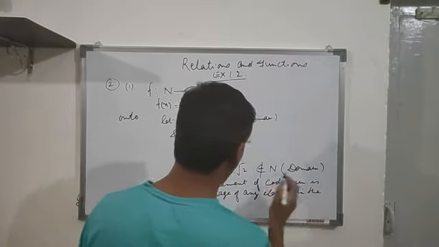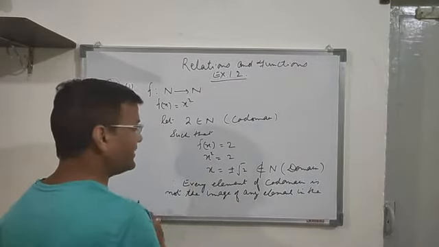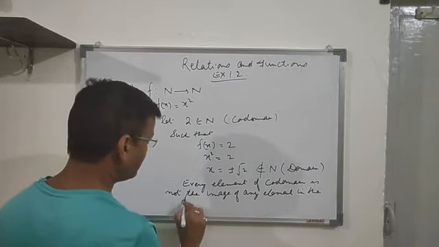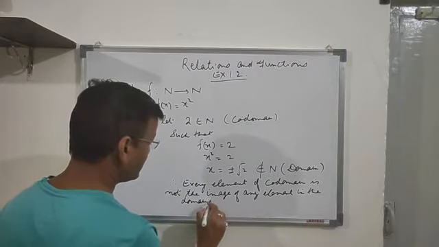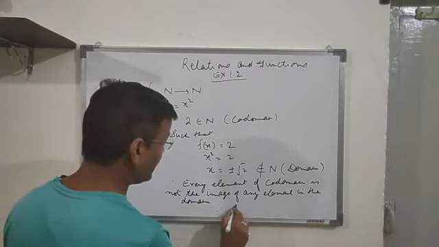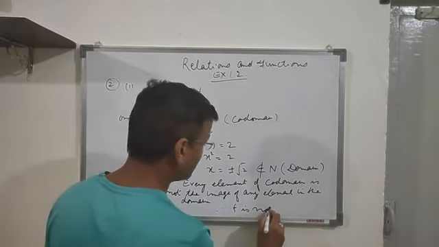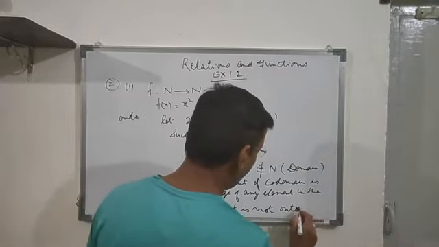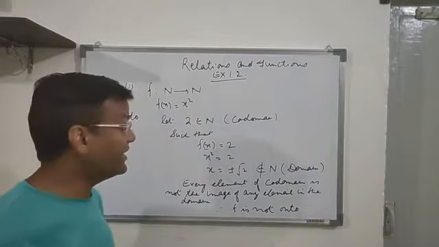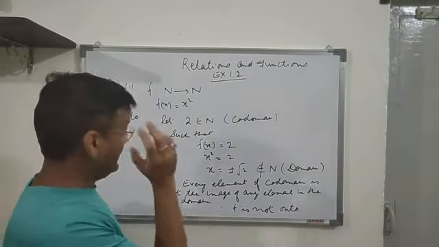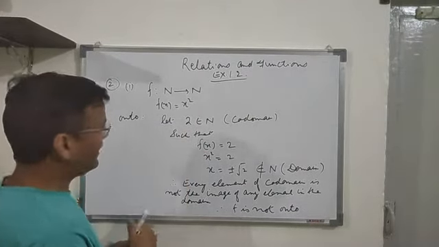Although it's not required to write, that is self-explanatory. So therefore we say that f is not onto. f is not onto.